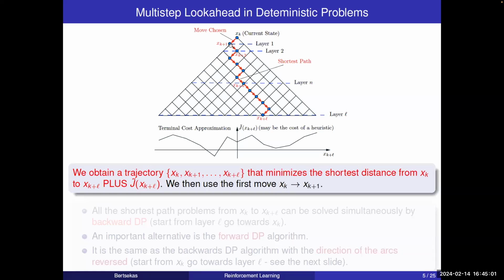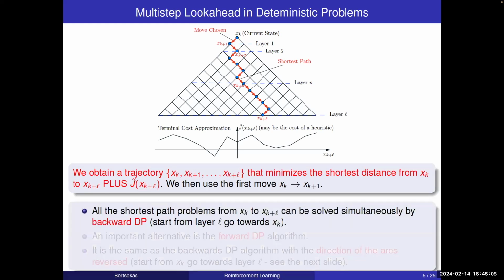And then we scrap all this and redo it in the next stage. So all of the shortest path problems from xk to xk plus L could be solved simultaneously by using backward DP. We call exact dynamic programming on state xk, and then we go to the end of the horizon and obtain our terminal cost function approximations, and then we work backwards to state xk.